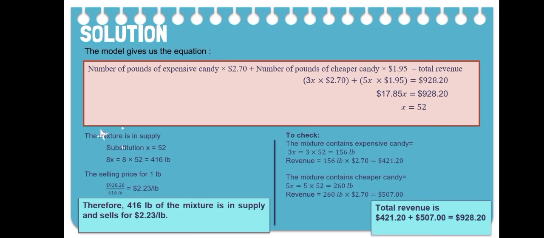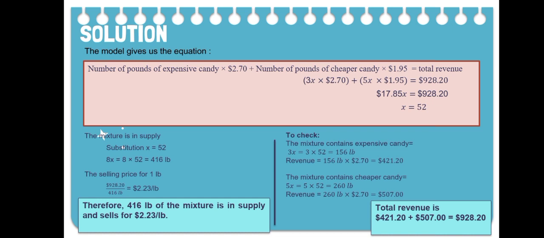Continuing to the solution, the model gives us the equation: the number of pounds of expensive candy times $2.70 plus the number of pounds of cheaper candy times $1.95 is equal to the total revenue.